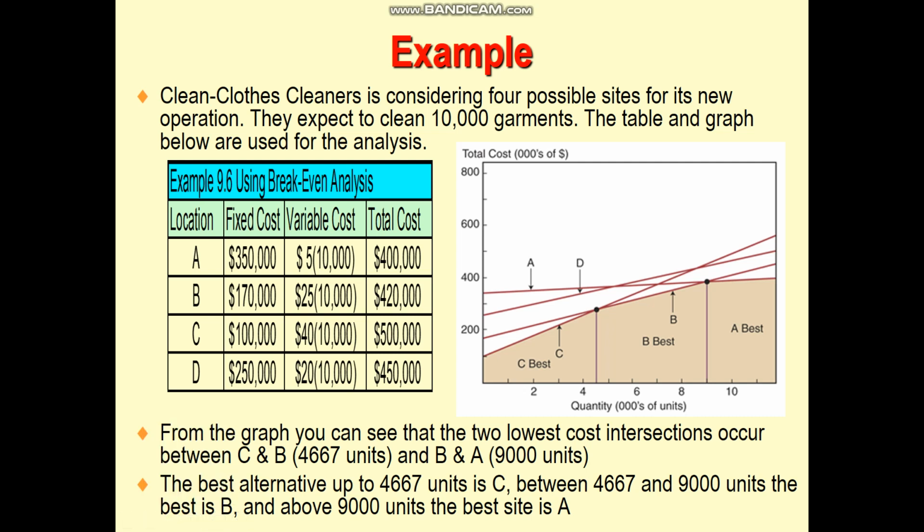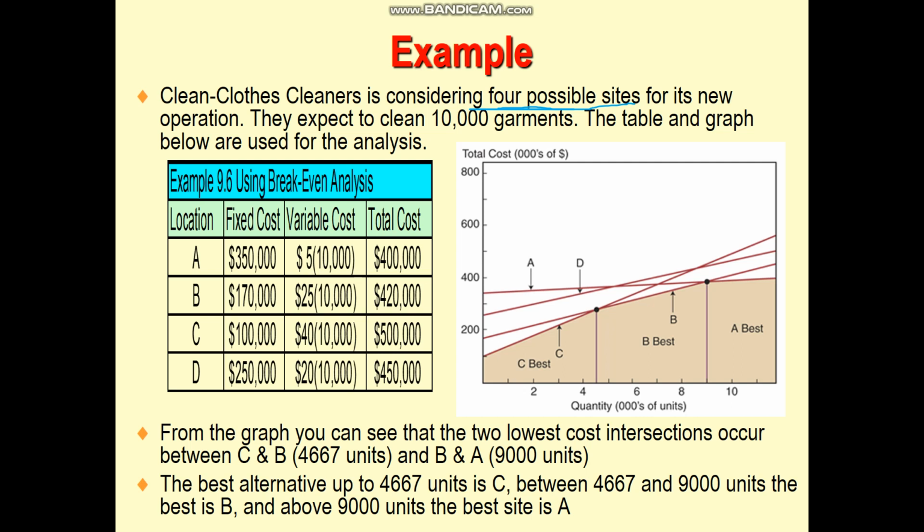Basically we have 4 possible sites, that is A, B, C, and D. So we want to see which location is the best location for us.